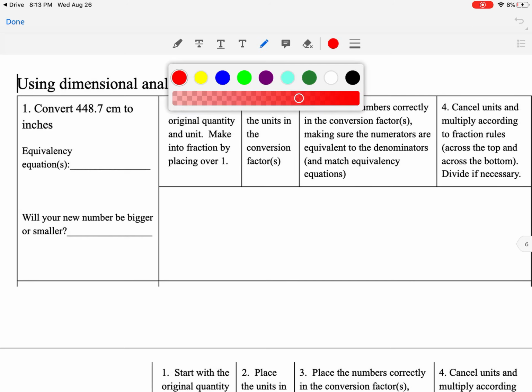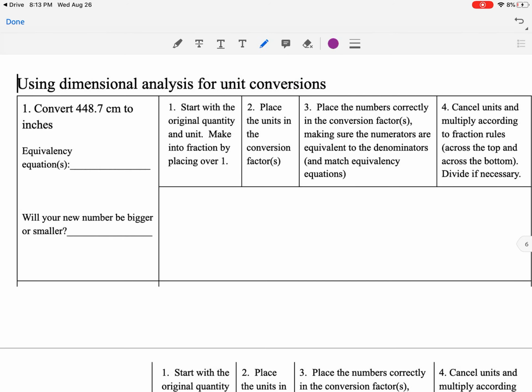This technique is super duper useful in chemistry. We're going to use it all year for all kinds of different things. Today we're using it to convert from one unit to another, from centimeters to inches. Now you might look at this and say, oh, I have a really easy way of doing this. I just divide by 2.54. And you would get the right answer.